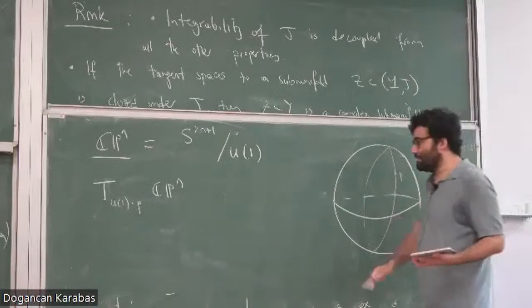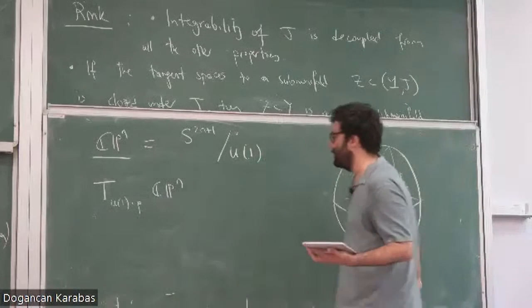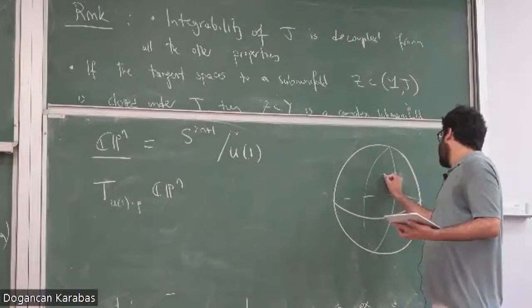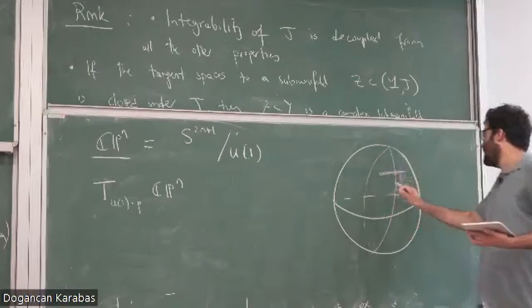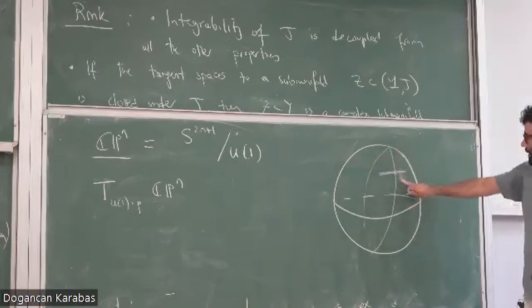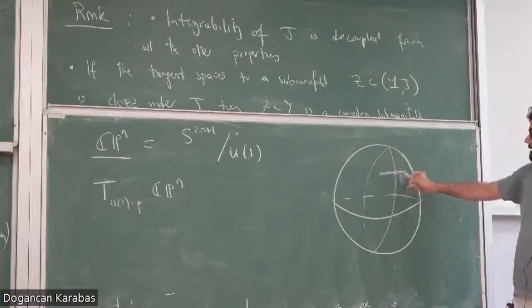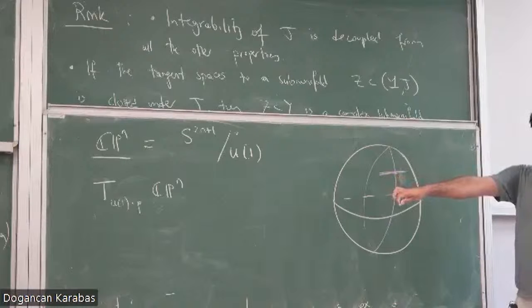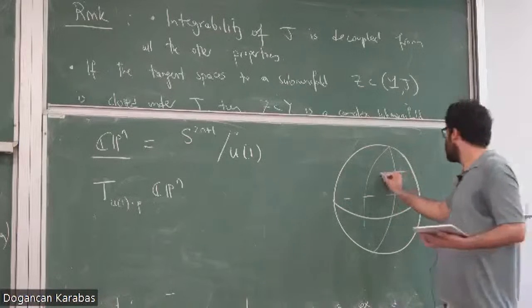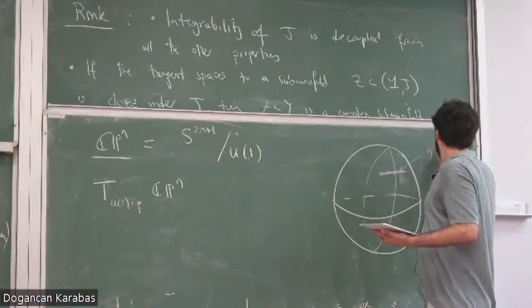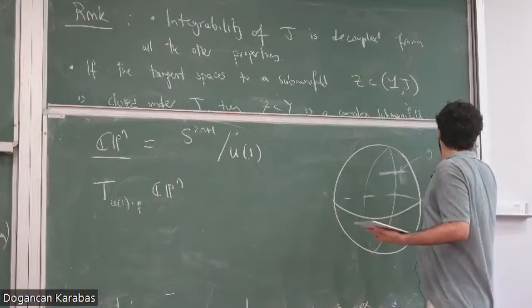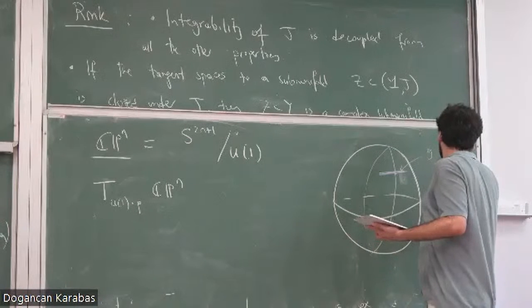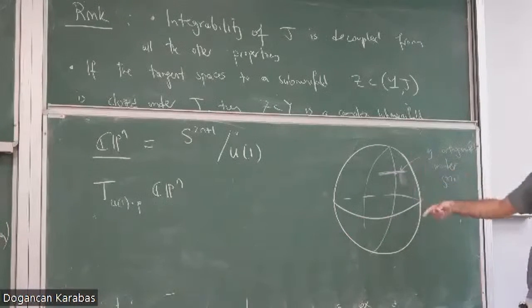The tangent space to such a point of CPn can be identified canonically with the perpendicular to this orbit inside S2n plus 1 with respect to the standard metric. This is the g-orthogonal inside S2n plus 1.